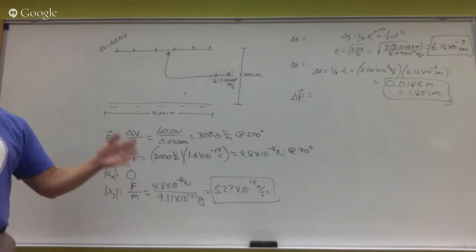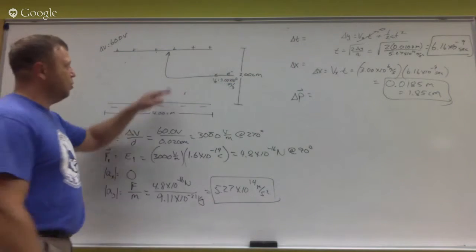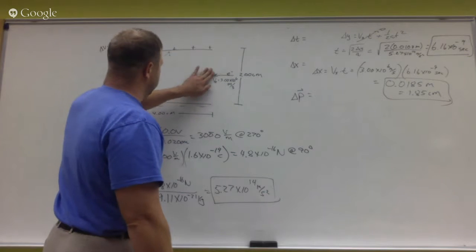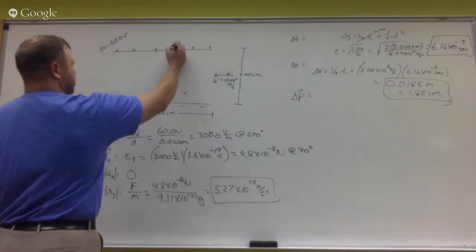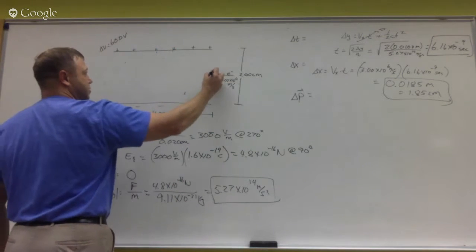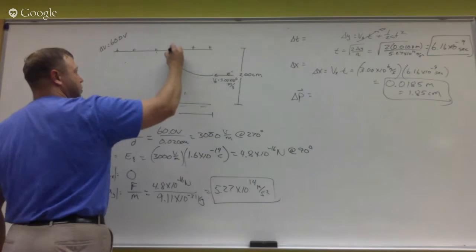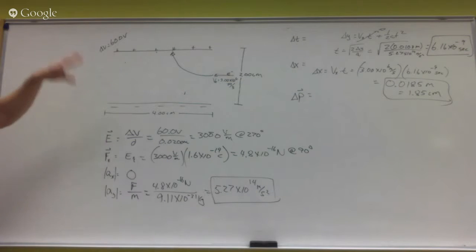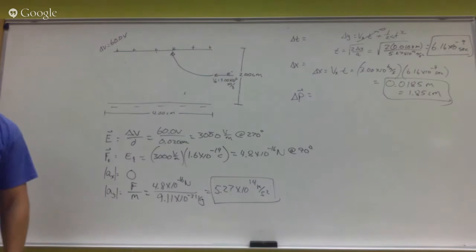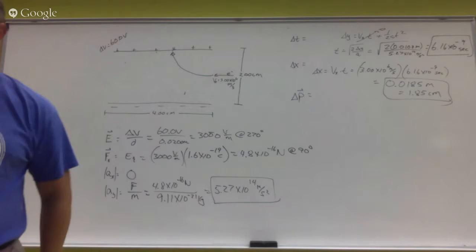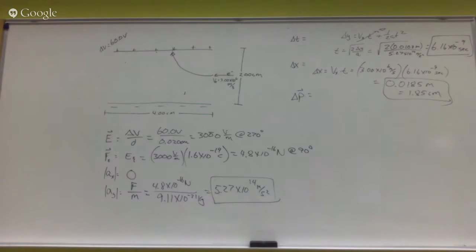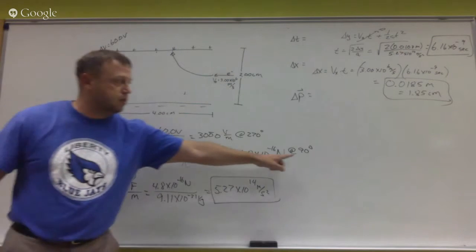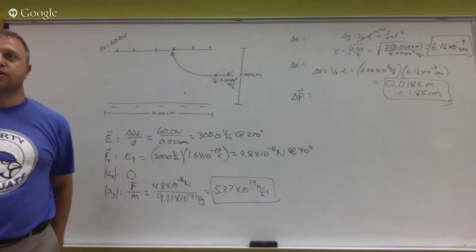The second it gets between the plates, it's going to experience the force. Obviously the 1.85 marks approximately here. So I'm going to curve that immediately towards that, just like a projectile would be. But this is an electron. Oh, this is my negative plate. And force is at 90, fields of 270.